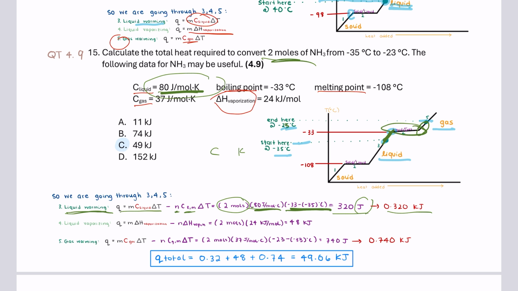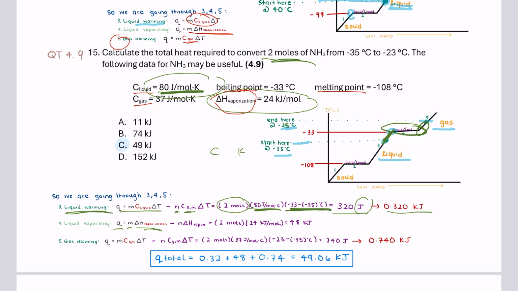If we're given mass, we can use Q equals m multiplied by delta H vaporization, where delta H vaporization is the enthalpy of vaporization in joules per gram, and m is the mass in grams. But again, in this problem, we're working with moles, and we're given the enthalpy of vaporization as 24 kilojoules per mole.